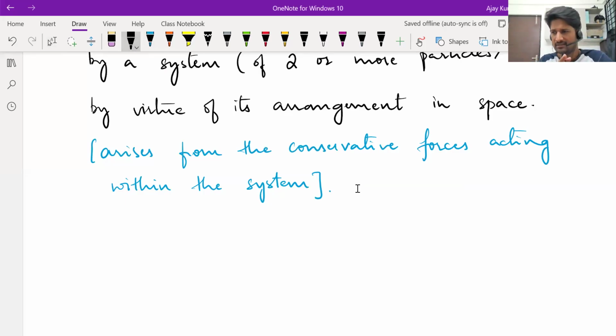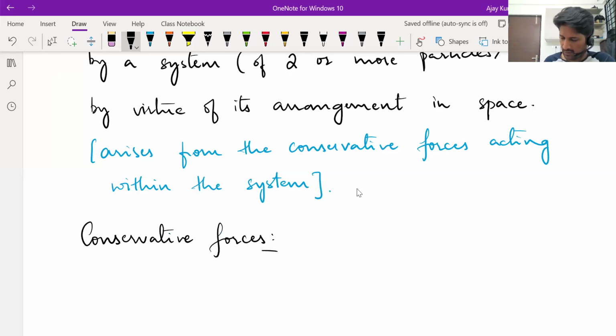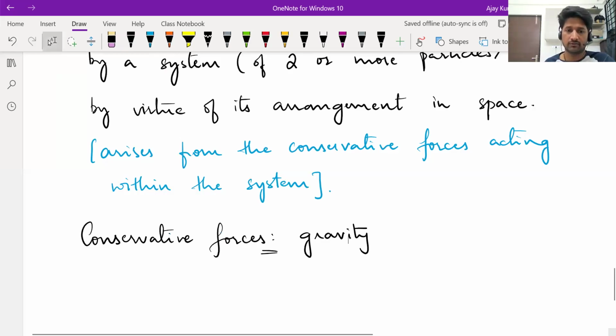At least tell me this. Last class we discussed which forces are conservative and which forces are non-conservative. Can you give me an example of a conservative force, anyone? Gravity, sir. Gravity is one. Is friction a conservative force or a non-conservative force? We had proved in the last class.